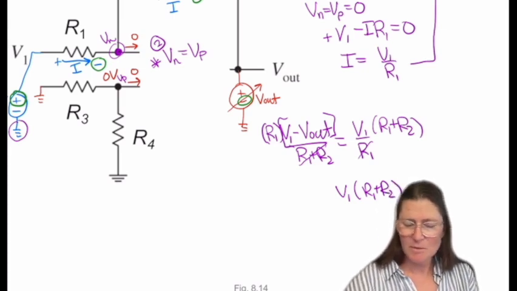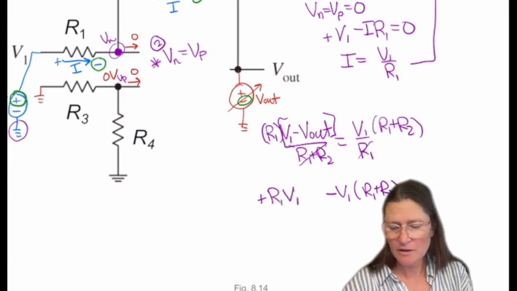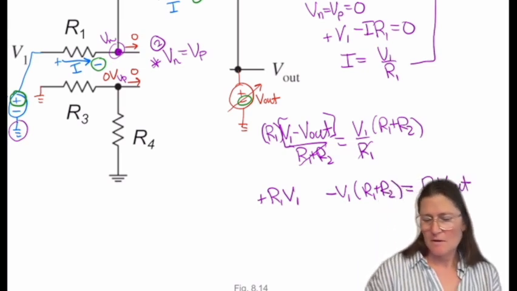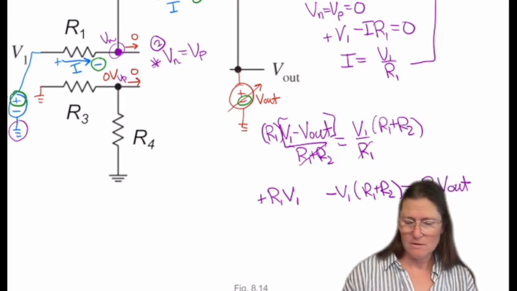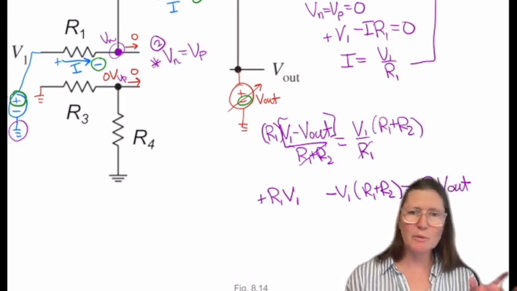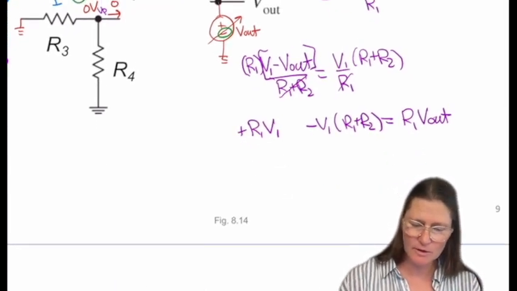And then I'm going to take that over to the left, so that becomes a negative, plus R1 V1, and then bring the R1 V out over to this side. So R1 V1 minus R1 V1, they cancel out.